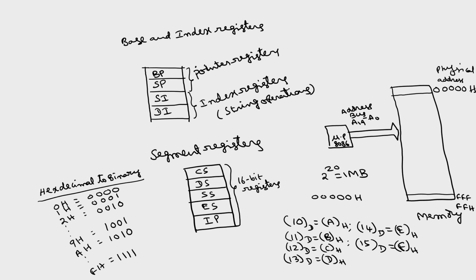The calculation for these addresses, in the case of the code segment: this is the code segment. The entire memory can be divided into segments. The entire 1 megabyte of memory can be divided into segments of a maximum capacity of 64 kilobytes.